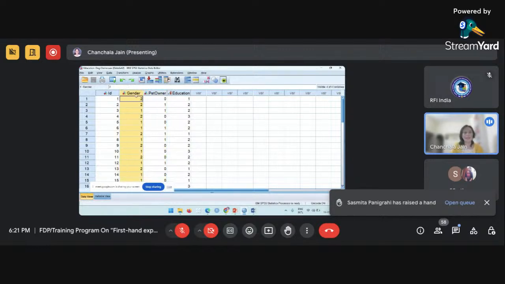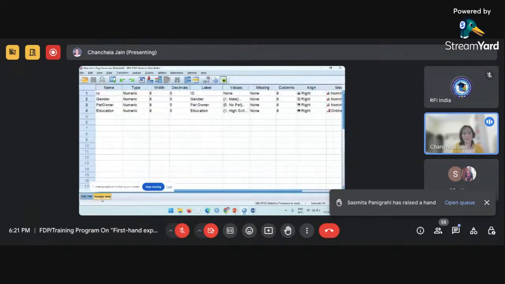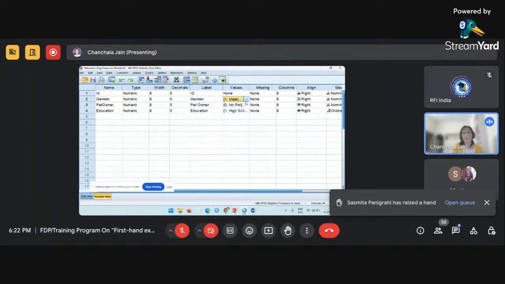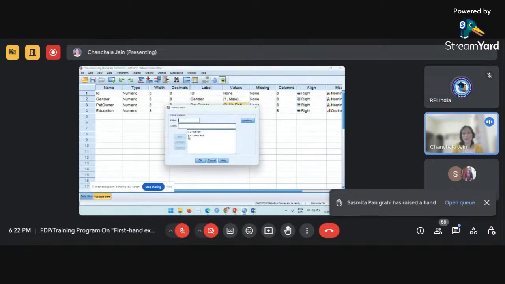In the variable view, everything is clearly defined. In the value labels, one is for male, two for female. Similarly for pet ownership, 0 says no pet, 1 says owns pet.